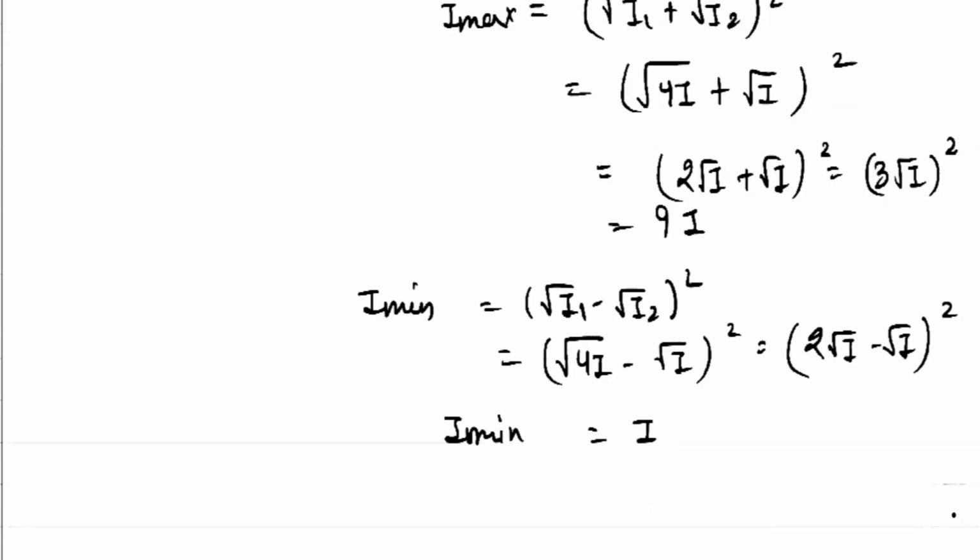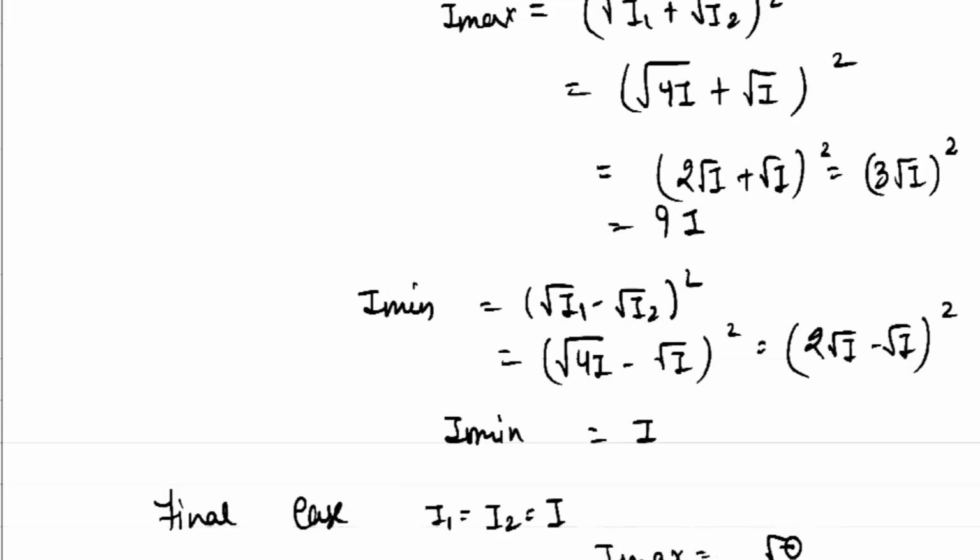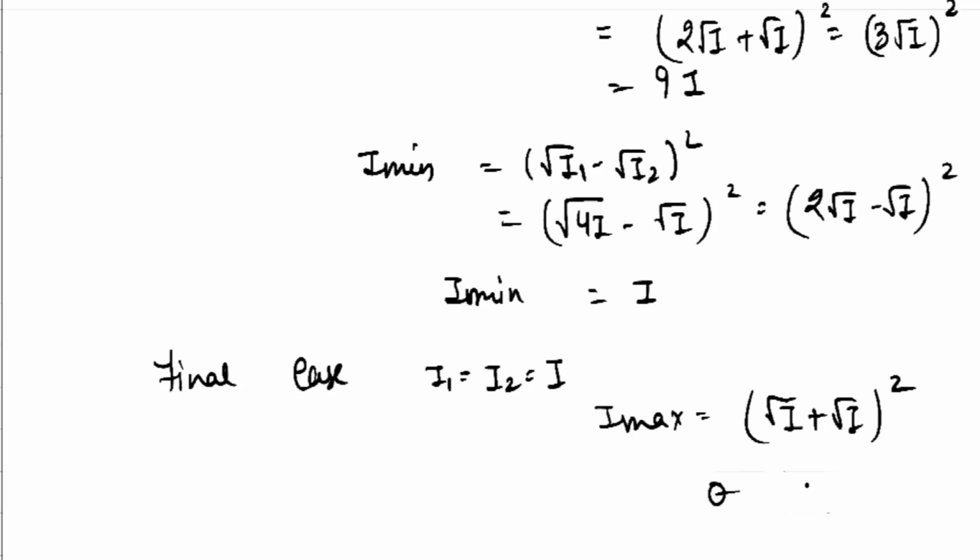Now if we take the final case, I1 equals I2 equals I. So if we find I max, then this is under root of I plus under root of I, square. So this equals 2 under root of I square, which equals 4I.